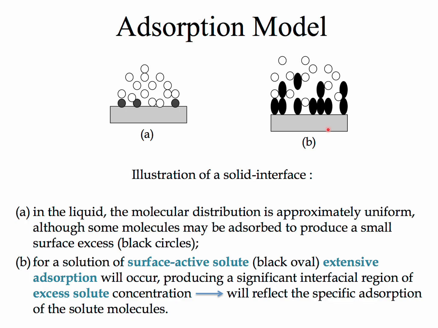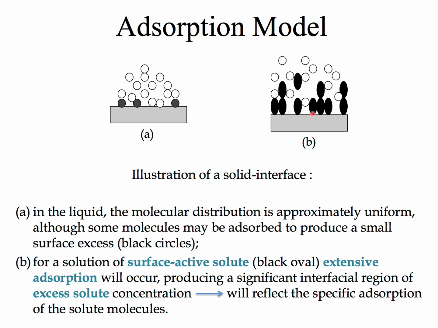Okay, in the case of B, the situation is different. Here we have surface active molecules, which are molecules that tend to move toward and remain at the surface. You can see here there are many black oval molecules at the surface.